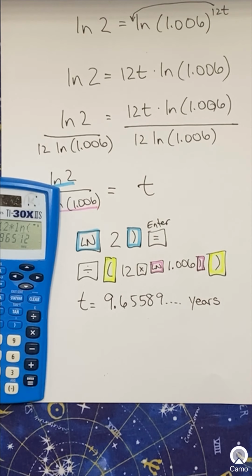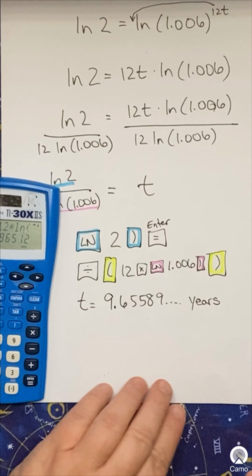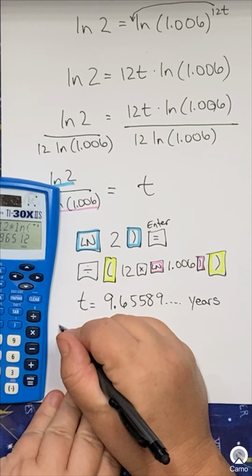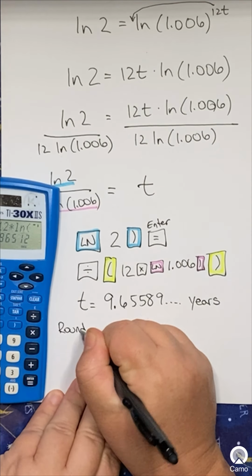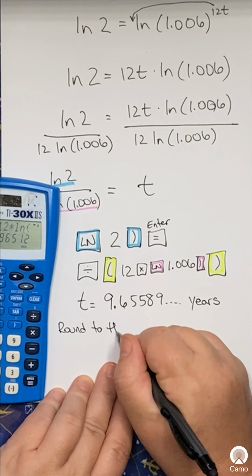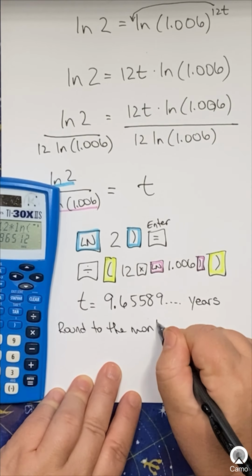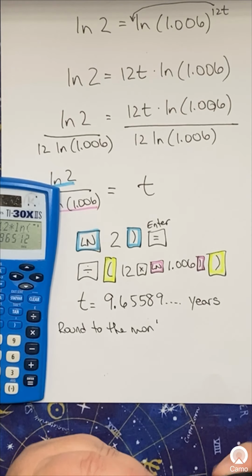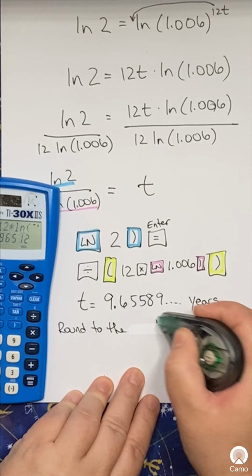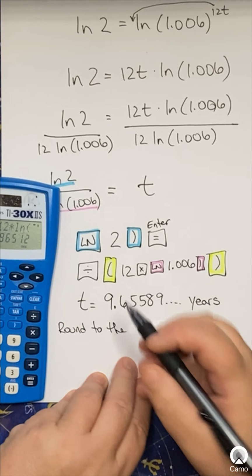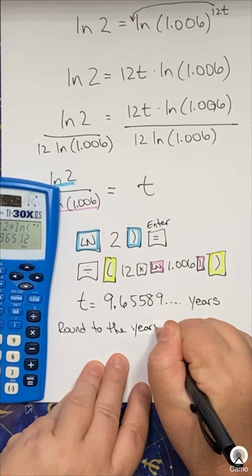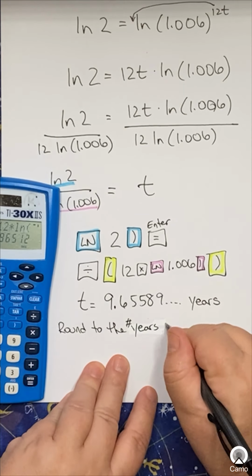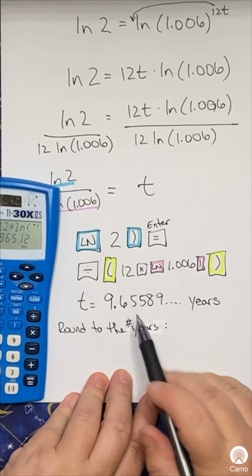time. So it doesn't say what we're supposed to round to. If it says round to the years, then what would we round to? 9.65.